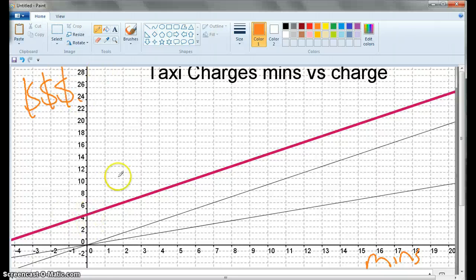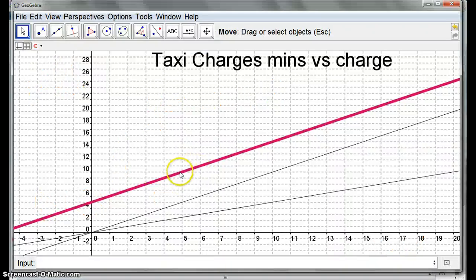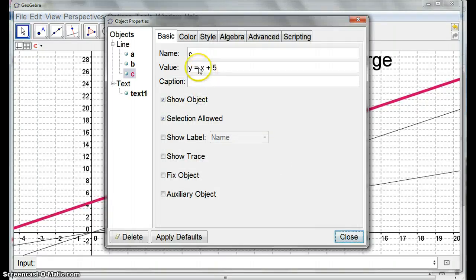So this line here, the equation of this line, has a y-intercept of 5, and for every 1 minute that way, we get charged $1. So that was y equals x plus 5. Does that make sense?